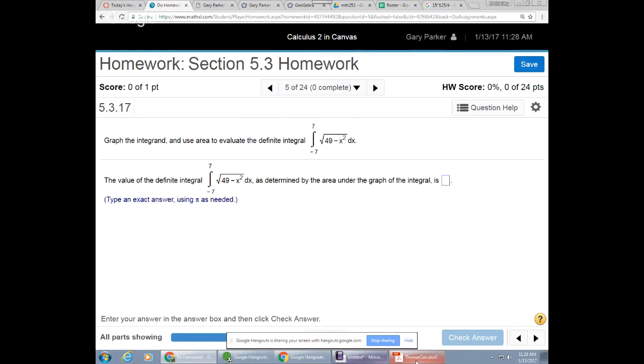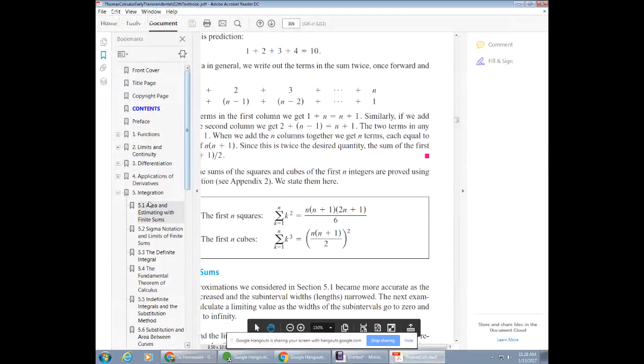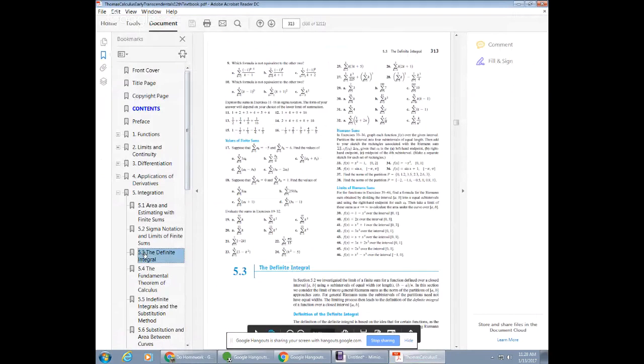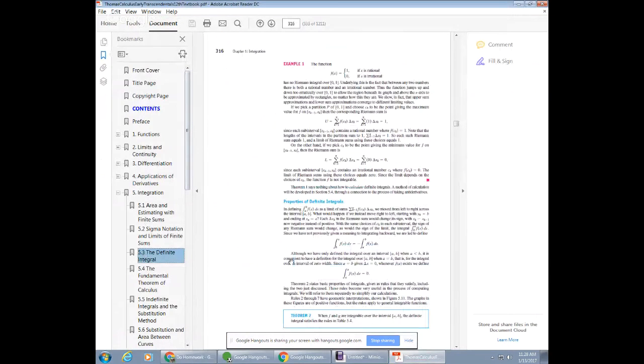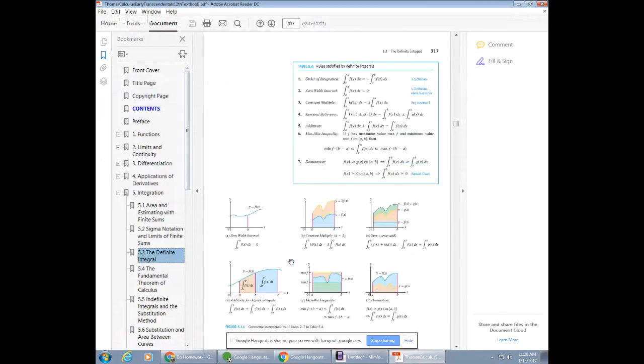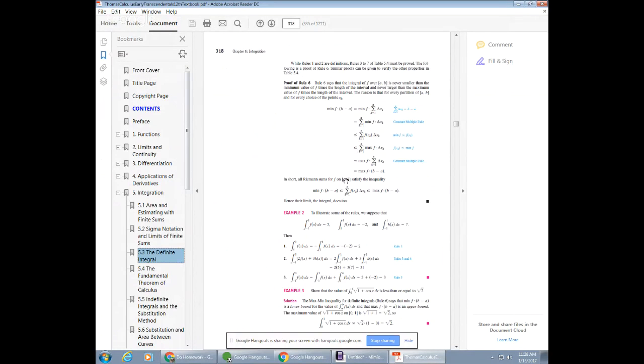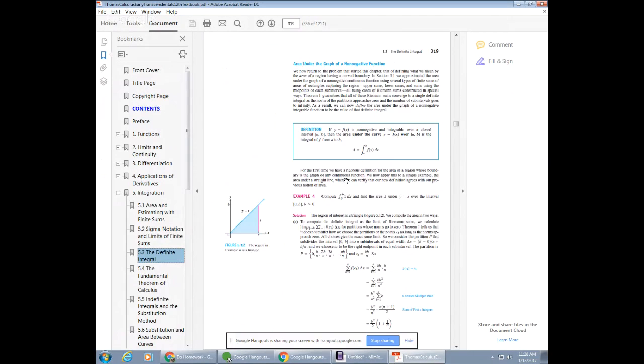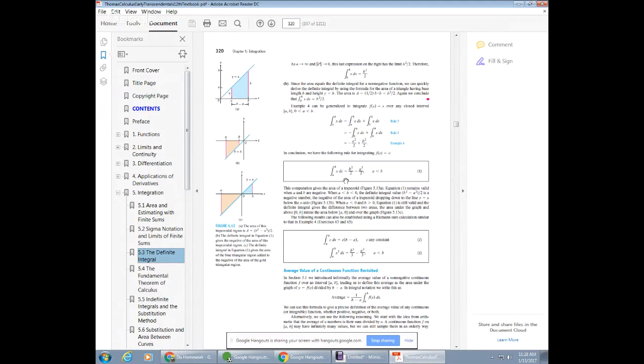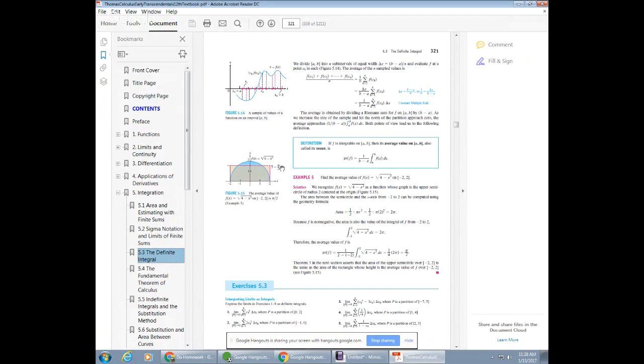All right, so if we go to the textbook, and this is section 3, some of the problems in this section are based on properties of the integral, which are similar to properties of sums. And other parts are based on areas that we already know, like the area of a trapezoid, the area of a triangle, the area of a circle or a semicircle.